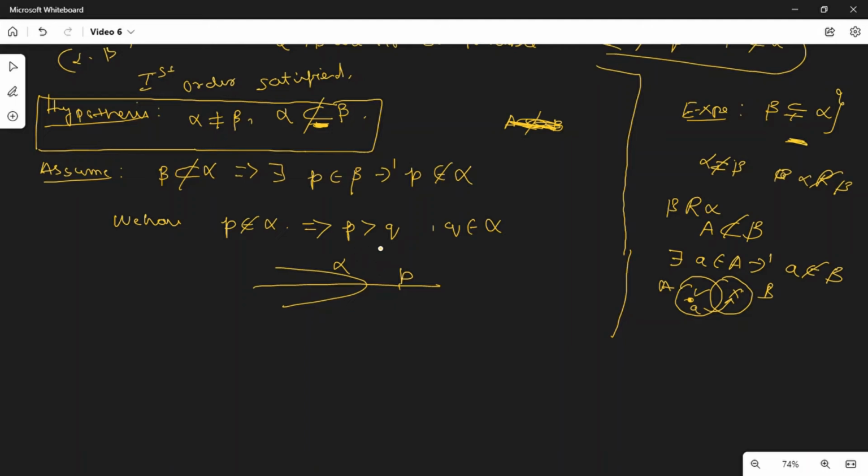So p should be greater than every element, or simply q is less than p, where q is some arbitrary element of alpha. You can take any element of alpha, and it holds good. So q is less than p, and p belongs to beta. This implies q belongs to beta, by the second property of the alphas.